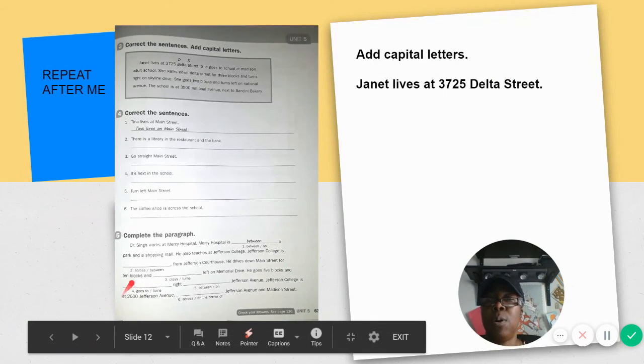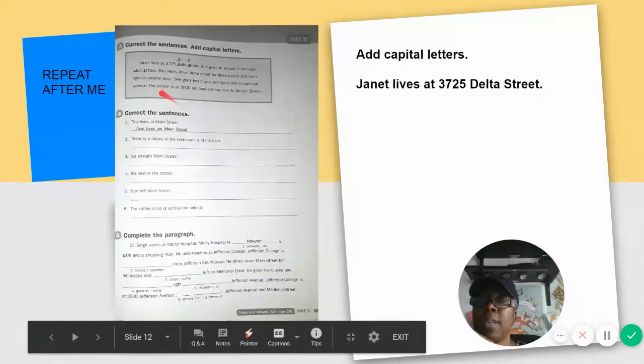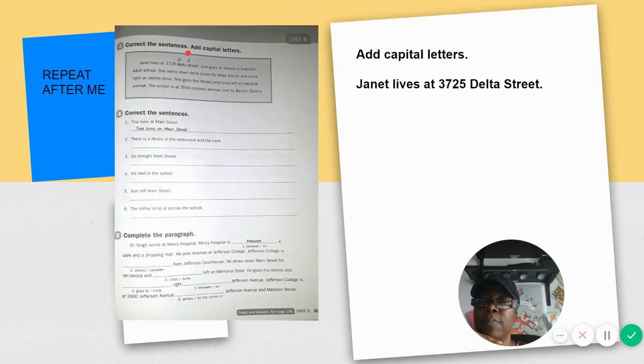All right, so we are now on page 63 in our workbook, and we won't be able to finish the whole page, but that's okay. We will pick it up in the next lesson, okay? So our instructions say, correct the sentences. And how do we correct the sentences?